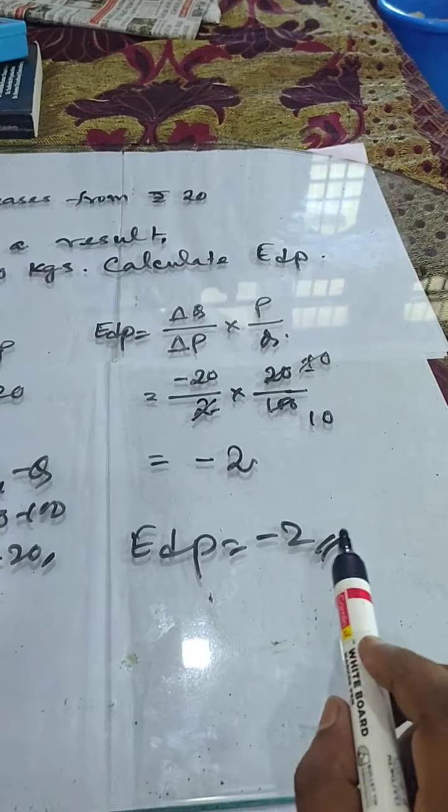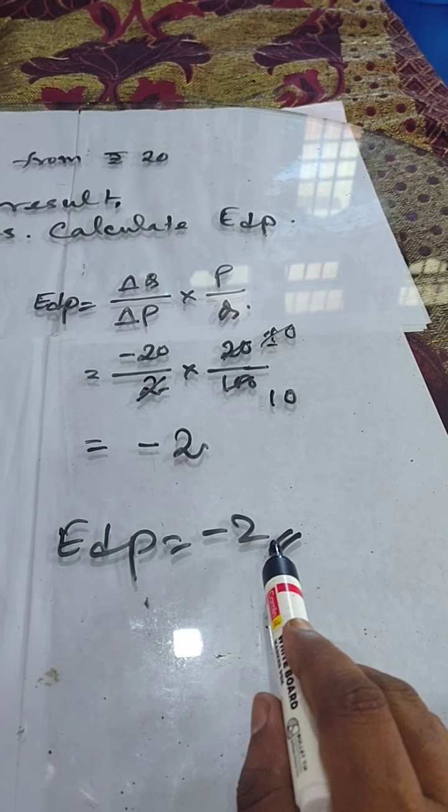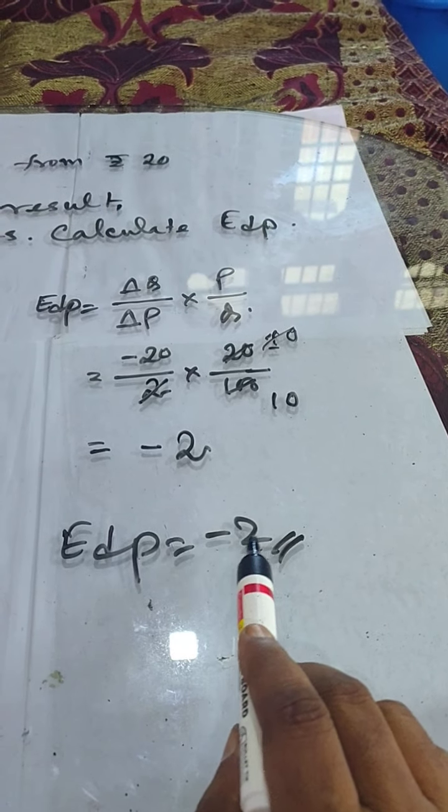You place the values in the formula accordingly, and ultimately we have got minus 2 as the value of price elasticity of demand.